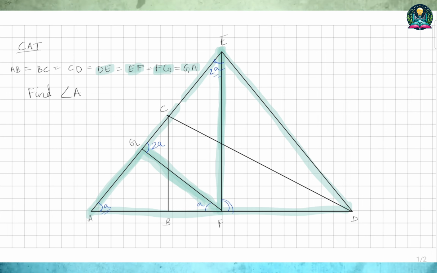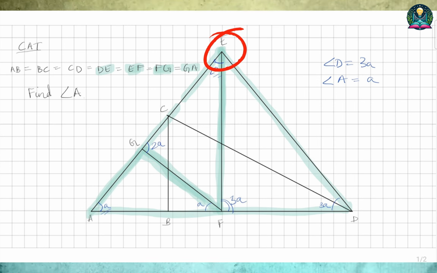So it's A plus 2A, which is equal to 3A. And we know DE and EF are equal. So angle EDF is 3A as well. Let's write it down. Angle D is equal to 3A. And we know angle A is equal to A. And now we have to find angle AED.